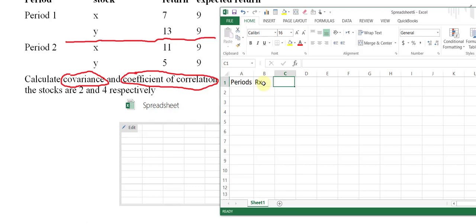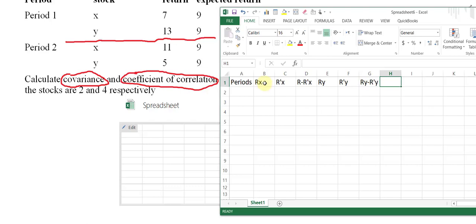Rx means return of X. Next column, make for R bar X. Next column, make for Rx minus R bar X. And the next column, make for RY, and the next column for R bar Y. And the next column, make for RY minus R bar Y.